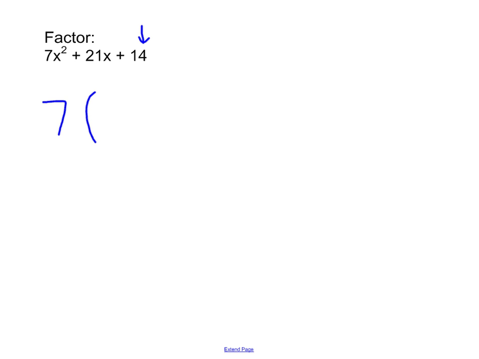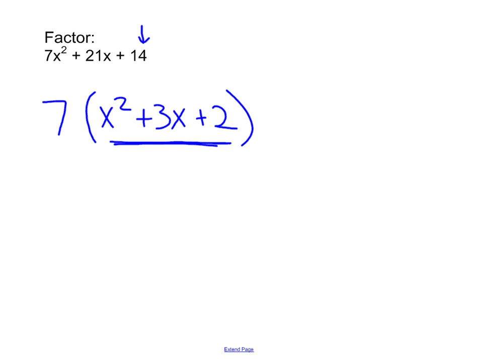So when I factor out a 7, I'm left with x squared. 21 divided by 7 is 3. And then 14 divided by 7 is 2. Once again, I have a trinomial here, so I'm going to look to factor this. In order to factor this, I only need my factors of 2, which add up to 3.